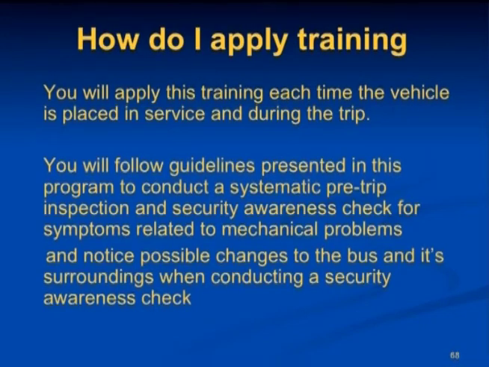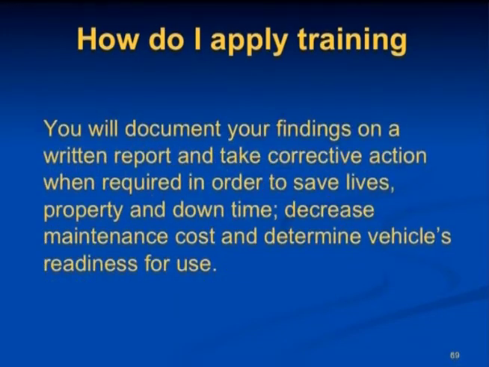You will follow the guidelines presented in this program to conduct a systematic pre-trip inspection and security awareness check for symptoms related to mechanical problems, and notice possible changes to the bus and its surroundings when conducting a security awareness check. Continuing with how to apply the training, you will document your findings on a written report and take corrective action when required in order to save lives, property, and downtime, decrease maintenance costs, and determine the vehicle's readiness for use.